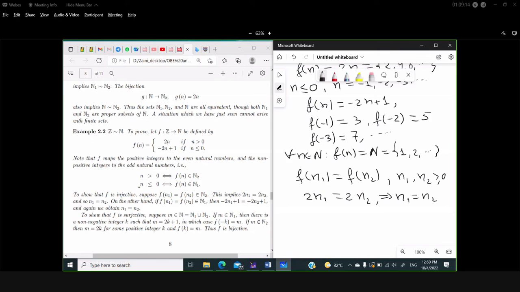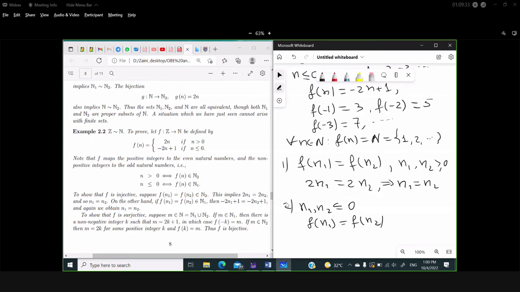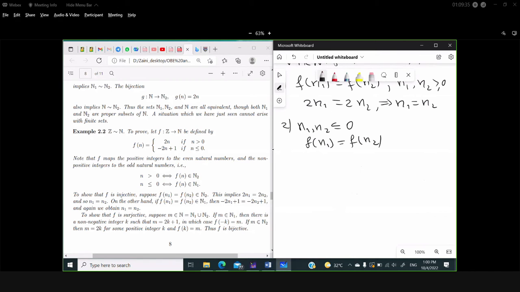What about the second function? This was case 1. So case 2: if n1 and n2 are negative, then f of n1 equal to f of n2 implies, pay a little attention, there is a case that is not stated here, but here I am stating minus 2n1 plus 1 equal to minus 2n2 plus 1.